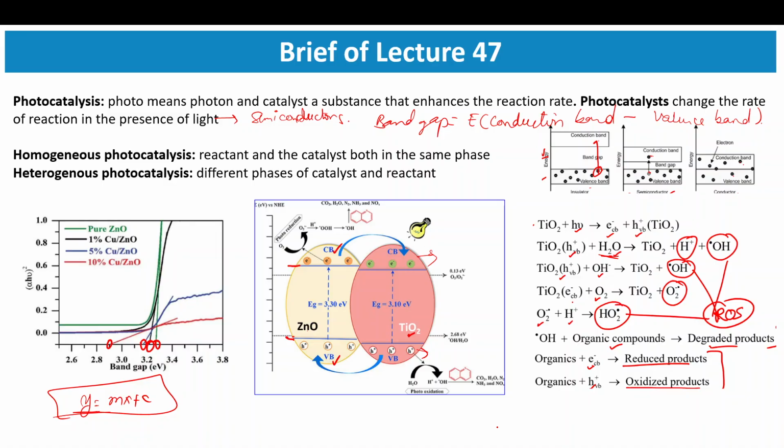And majorly if you talk about catalyst and heterogeneous catalysis, then the catalyst will be in solid phase and the reactant here will be in aqueous phase, right, or water stream? So the organics here are dissolved in water, and solid catalysts are present across the wastewater stream.